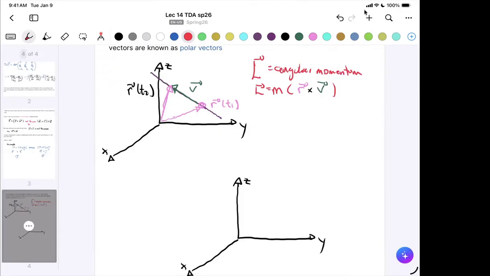So let me see if I can. Okay, because this is not going to look that perpendicular. Am I making my life harder by doing it this way? Yes, possibly, but I just wanted to draw it in a way that, okay, I'll cheat a little bit.